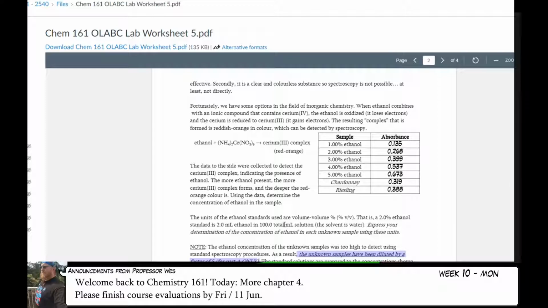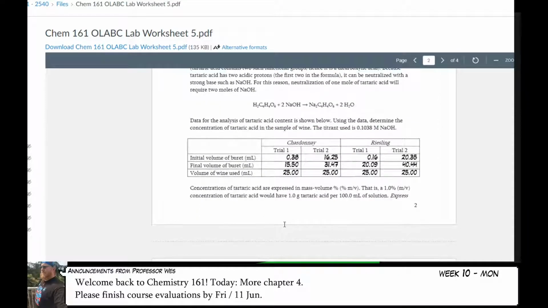Okay, no problem. Part B is a titration, and you did a titration in lab 2. Here's the data. The only real trick to part B is that the units that we ask you to give us are a little bit strange. So what I want you to do is measure your concentration in what's called mass volume percentage.